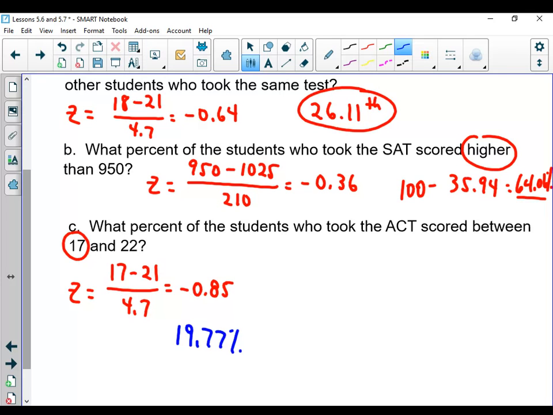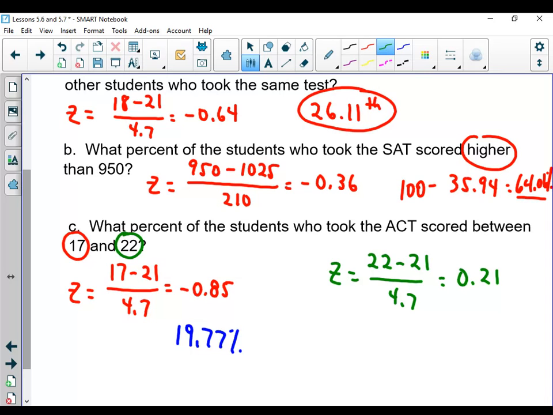So we're going to find the z-score for the 22 now. Now we're doing 22 minus 21, divided by 4.7. Positive z-score, 0.21.